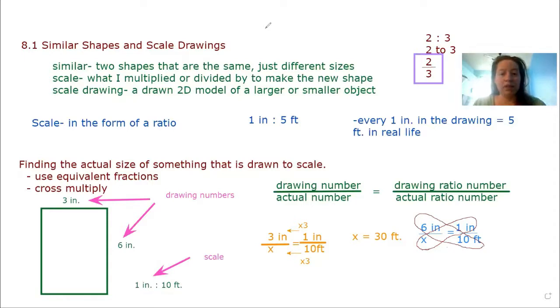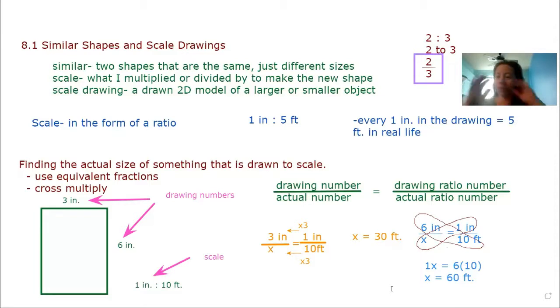And so I am literally left with the 1 times the x equals the 6 times the 10. Which becomes x equals 6 times 10 is 60, 60 feet. So our long side will be 60 feet, and the entire room is 30 feet by 60 feet.